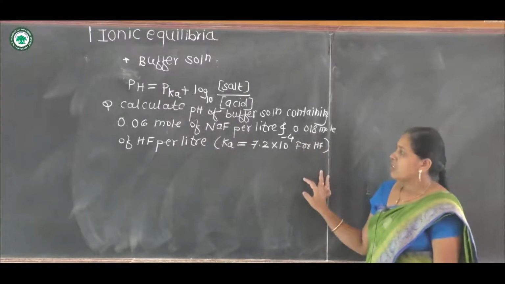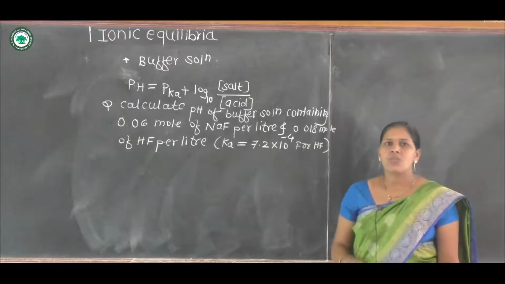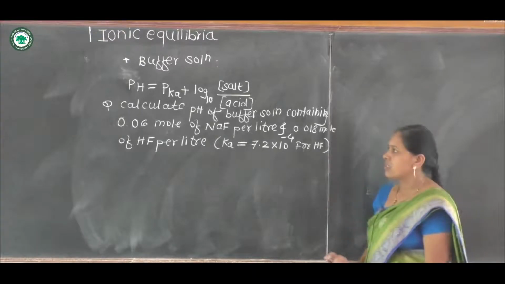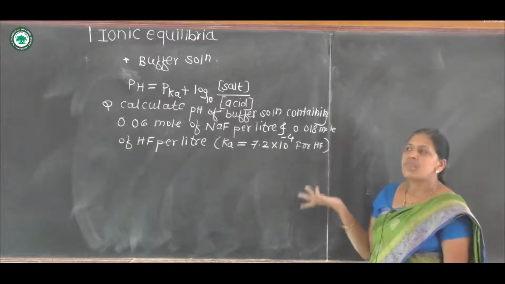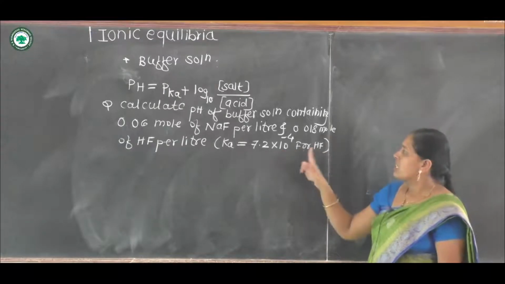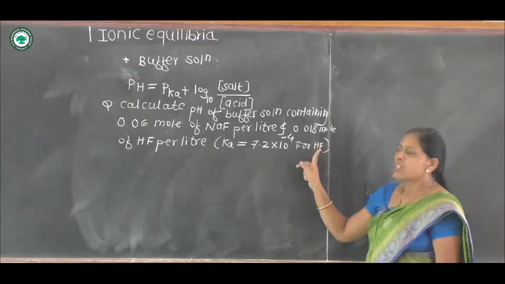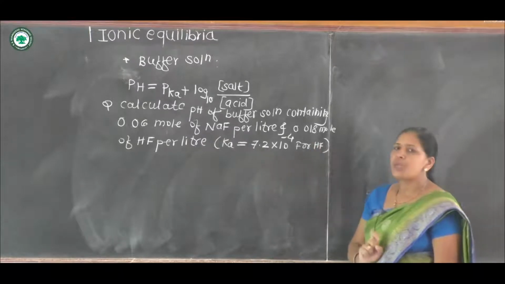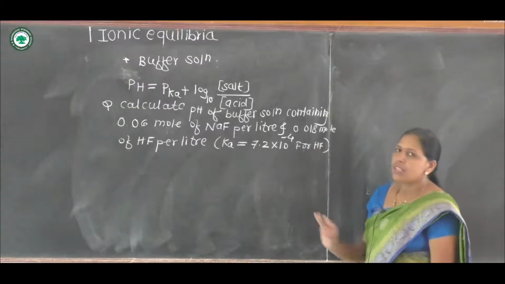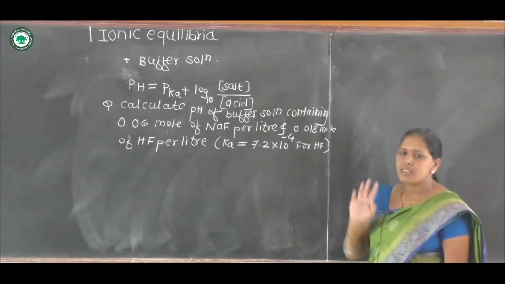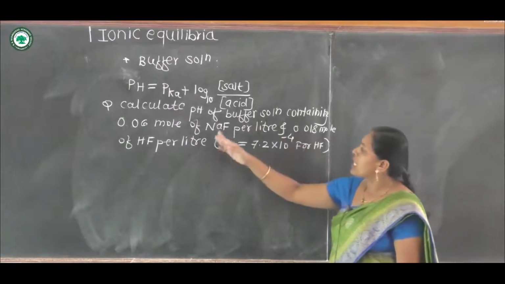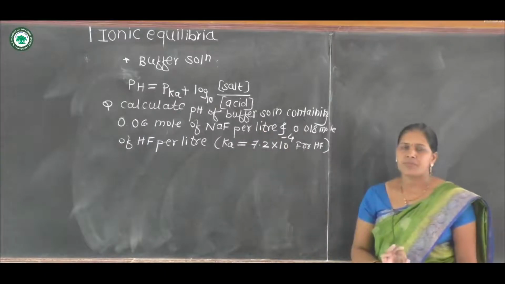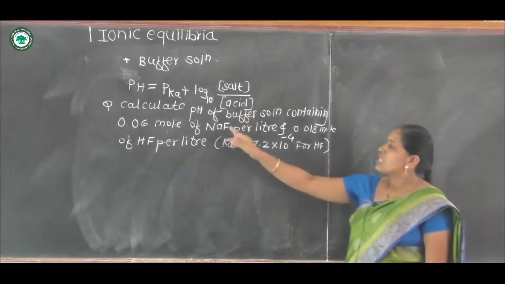From this we can identify which is acid and which is salt. Therefore HF is the acid and the remaining sodium fluoride is the salt.